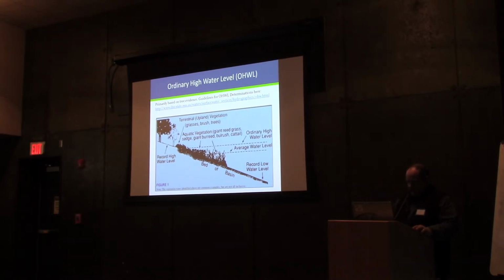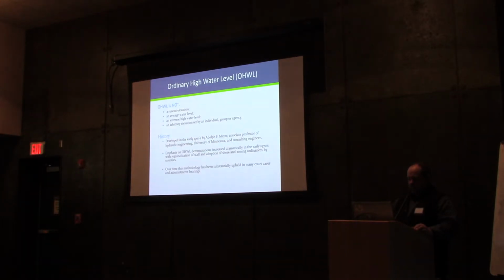I'll talk about it a little later, but there's a link here to a DNR technical paper, we call it the OHW white paper, that describes the process in more detail. It basically uses tree evidence. There are certain kinds of trees that can withstand some water, and some that can't stand any water, and I'll get into that in a second.